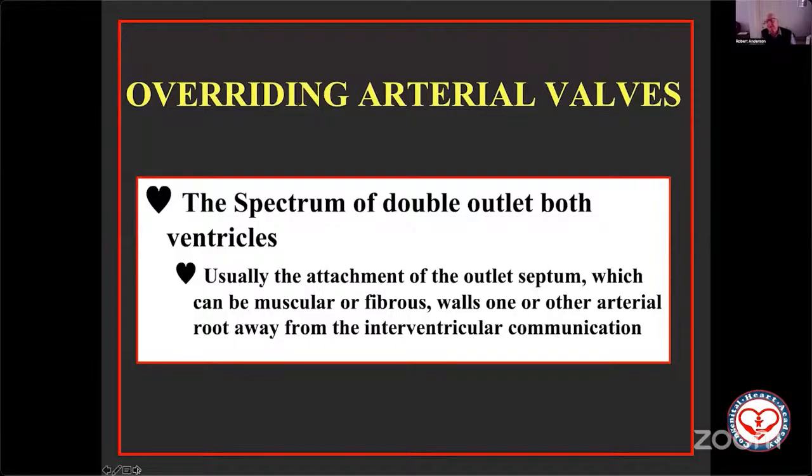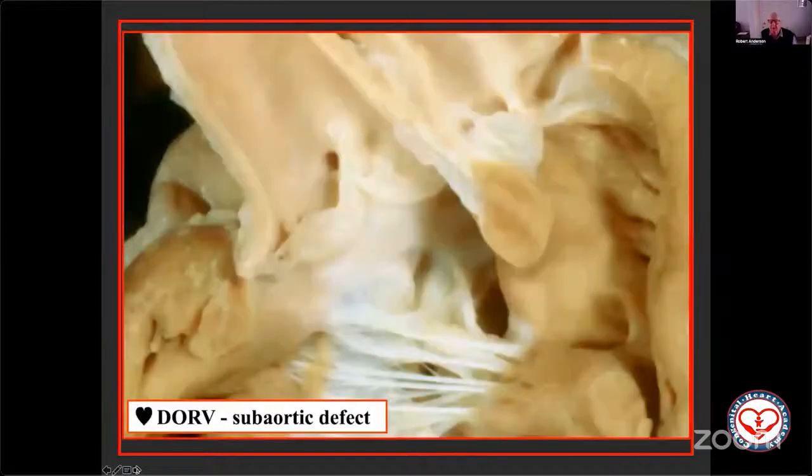Because it is the attachment of the outlet septum that determines the way in which the interventricular communication communicates with the arterial roots.